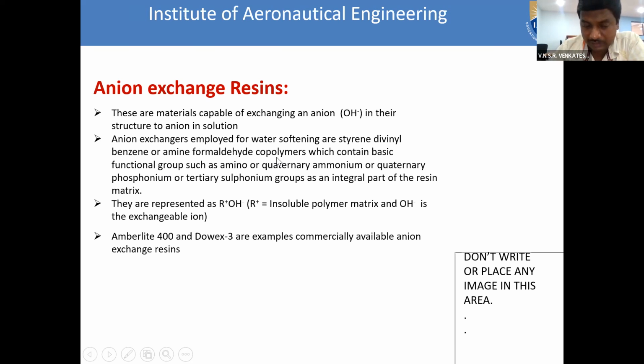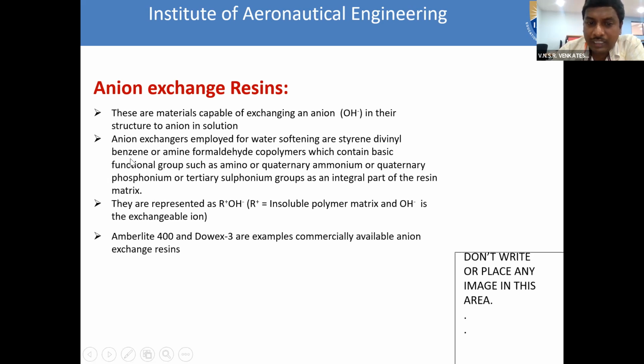Previously in cation exchange we used only styrene dimethyl benzene, but in the anion exchange region we use either styrene dimethyl benzene or amine formaldehyde copolymers, which contain mainly basic functional groups such as amino, quaternary ammonium, quaternary phosphonium or tertiary sulfonium groups as an integral part of the resin matrix.